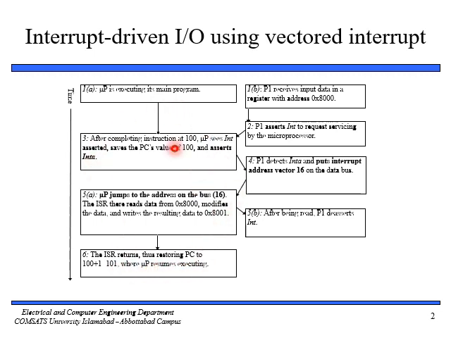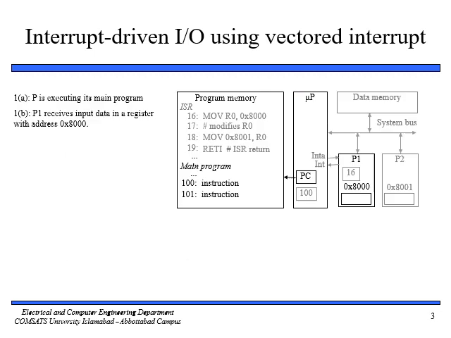Now we will look into the timing diagram, or the step-by-step process of how these things are done. Let's move on to the next slide. In interrupt driven IO using vector interrupt, you can see we have a program. We have the interrupt service routine at 16, 17, 18, 19.